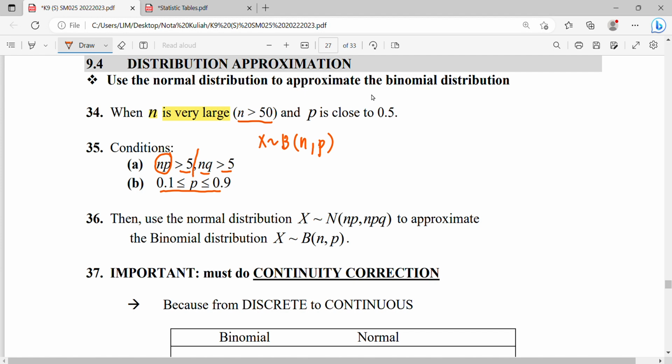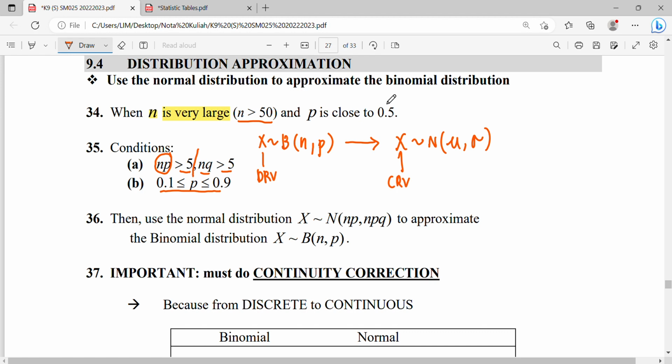So originally X in binomial is a discrete random variable, but when you want to change it to normal distribution, with mean and variance here, your X is changed to a continuous random variable. So dia melangkau from discrete to continuous.